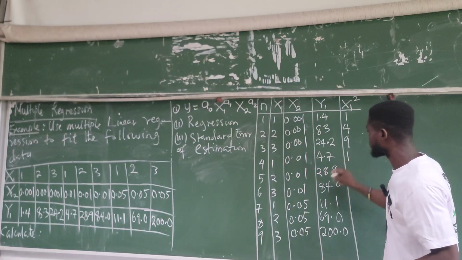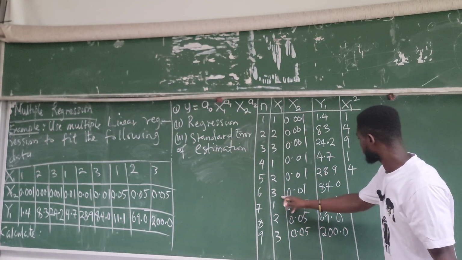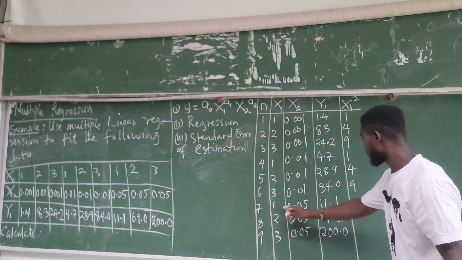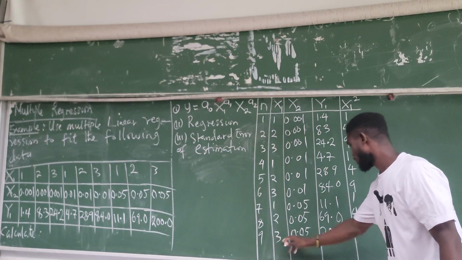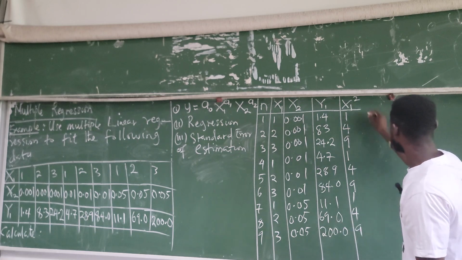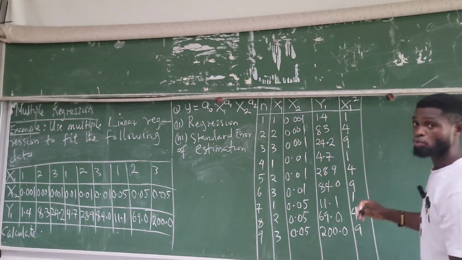Then 1, 4, 9, and 1, 4, 9. That is our x1 squared.